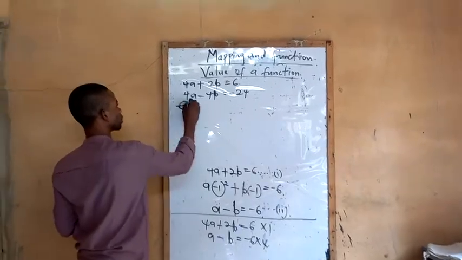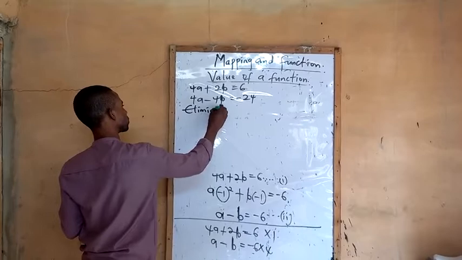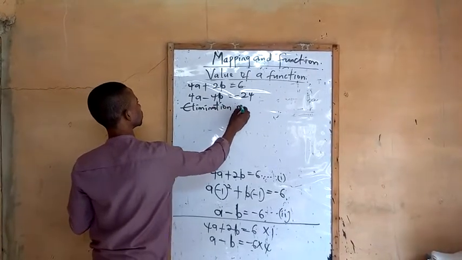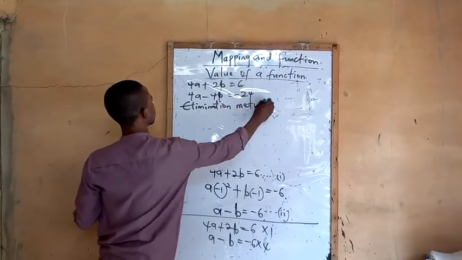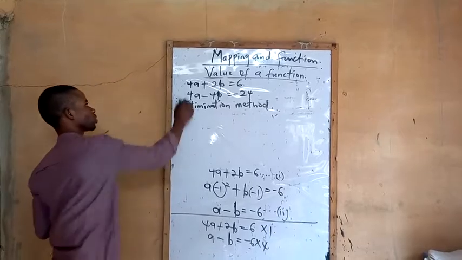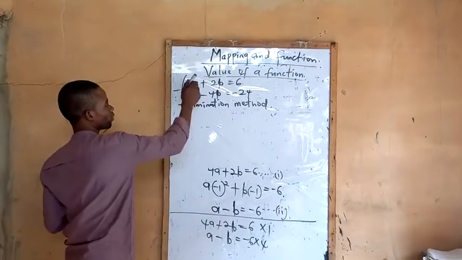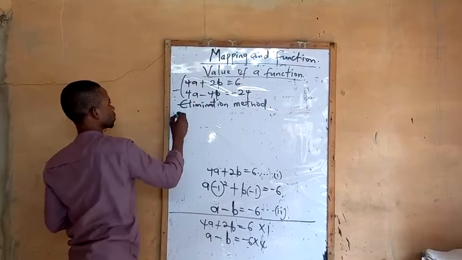Now that we have this, using the elimination method, we just subtract: 4a minus 4a.